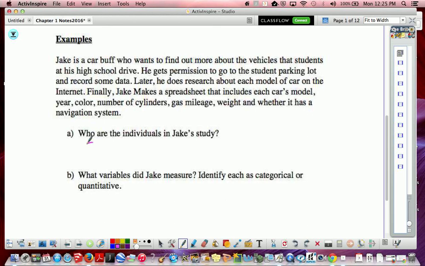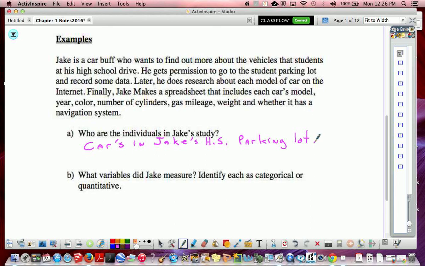So, cars in Jake's high school parking lot, because that's telling us where the cars are actually coming from. It's not just cars, but the only way that it could be a part of this data collection is if it was at Jake's high school's parking lot.